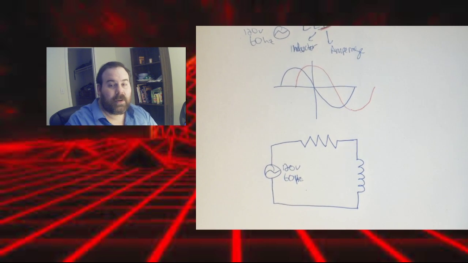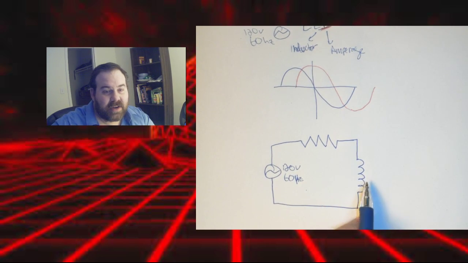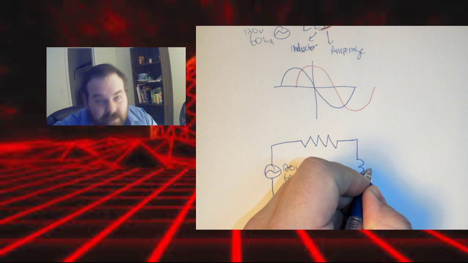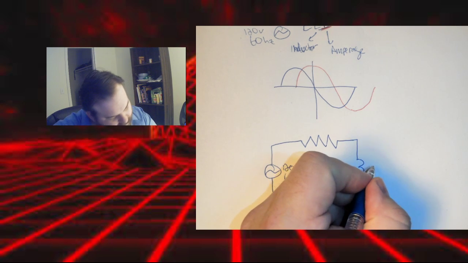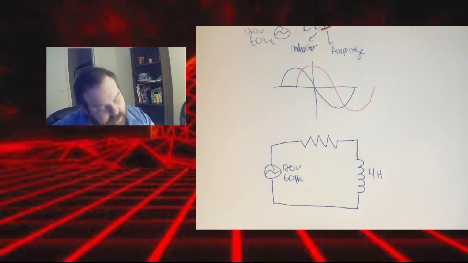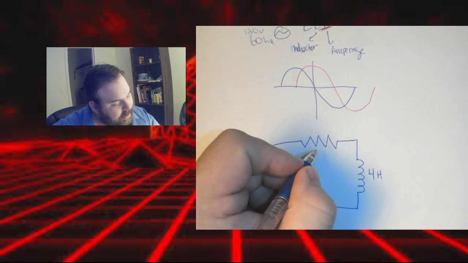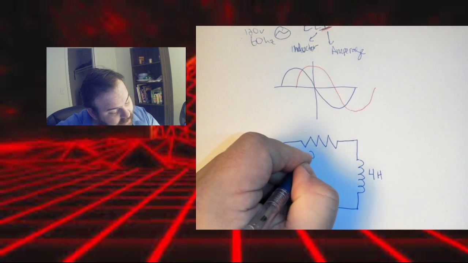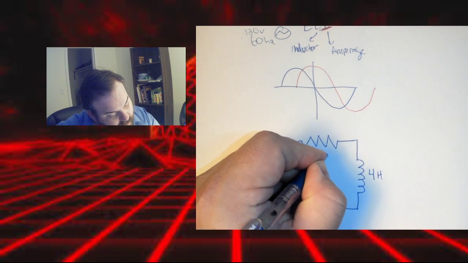Now, normally the inductor is measured in henries, so let's just give it like 4 henries. The resistor is going to be an ohmic value because it's always in ohms, so let's just give it like 23 ohms.